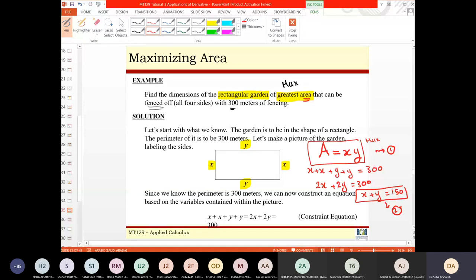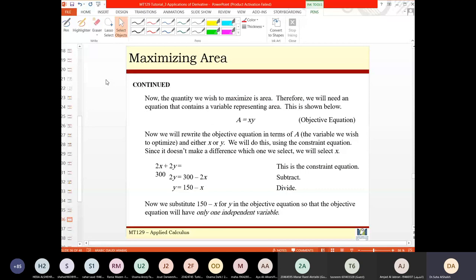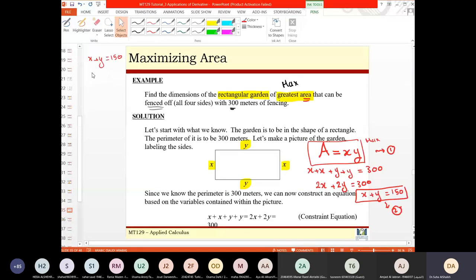We do the same as what we did previously. Now I have the equation x plus y equal to 150. What did they do? Yeah, this will give me y equal to 150 minus x.